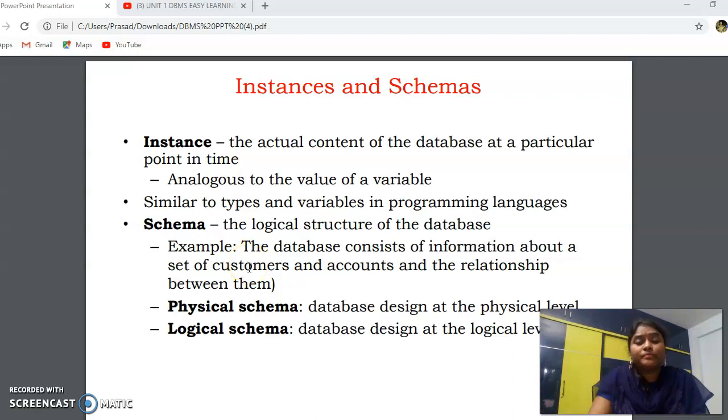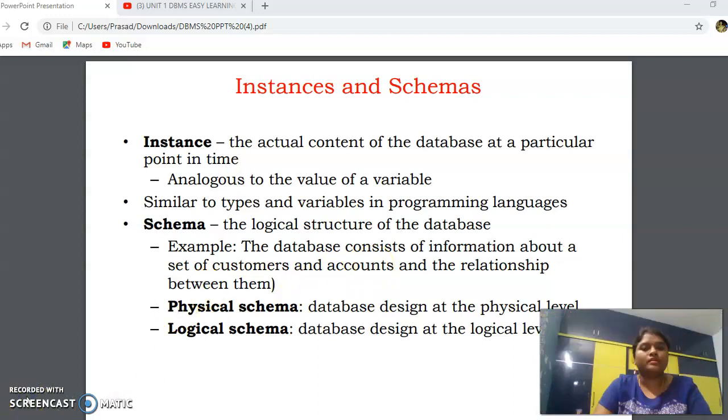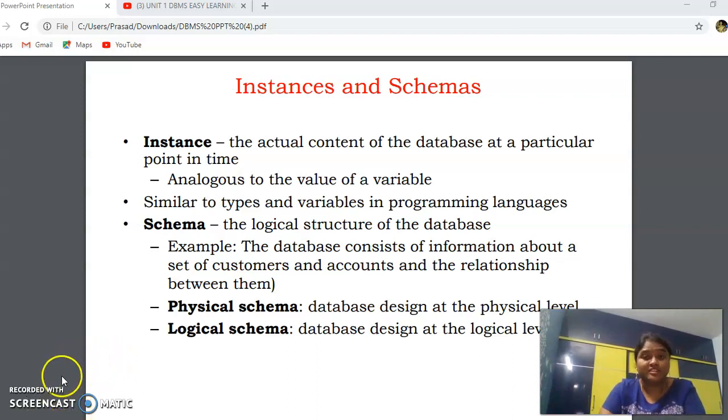Customer name, their ID or their phone number, etc. Accounts deal with account ID, account number, transaction ID, and so on. This schema has two types, physical schema and logical schema. Database design at physical level is known as physical schema. Database design at logical level is known as logical schema.